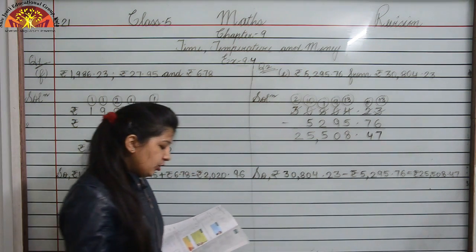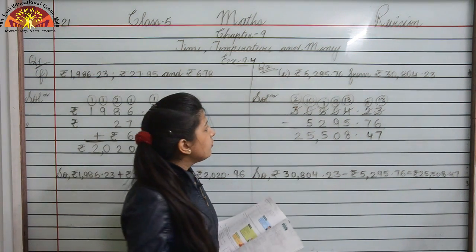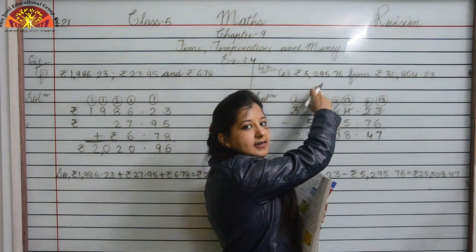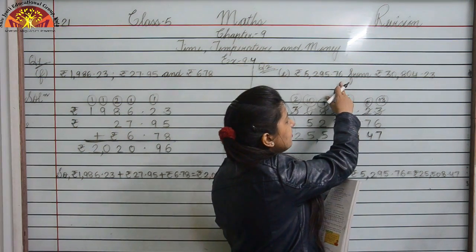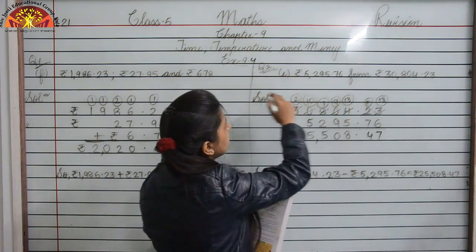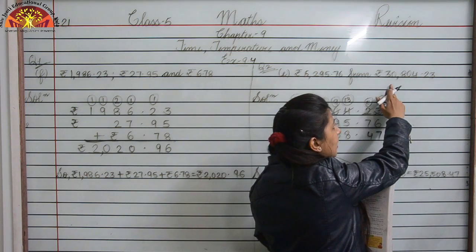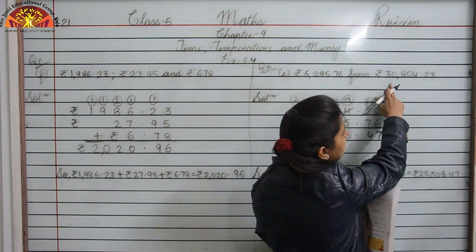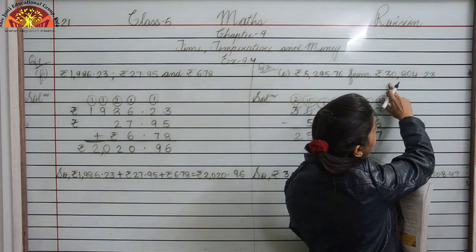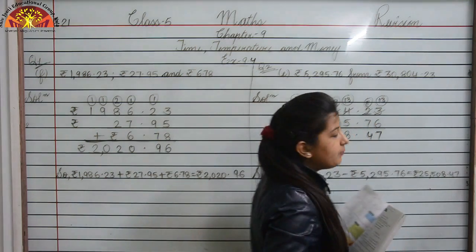Now let's start doing question number 2, E part of question number 2. So here's the E part. 5295 rupees 76 paisa from 30,804 rupees 23 paisa.